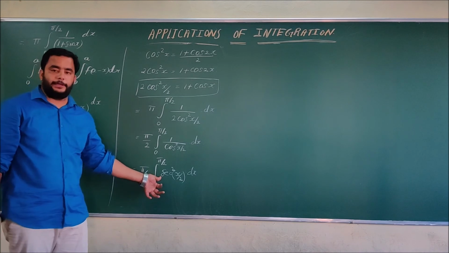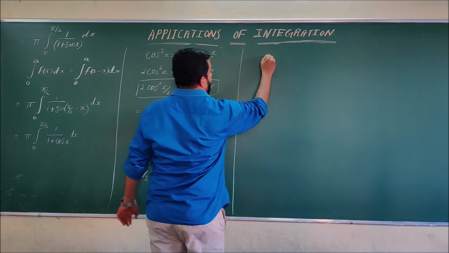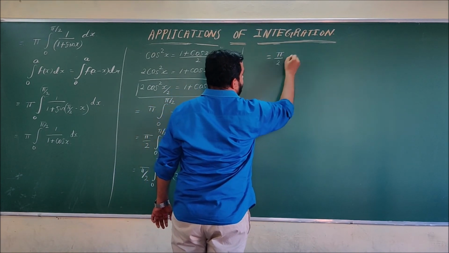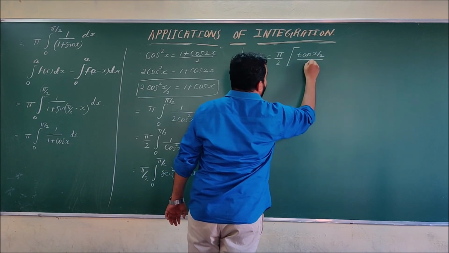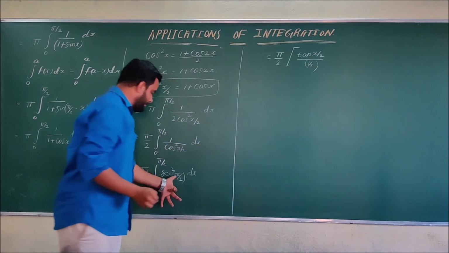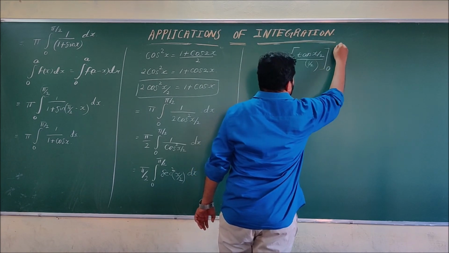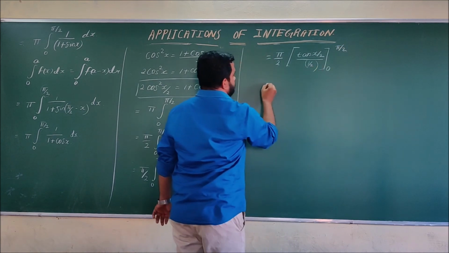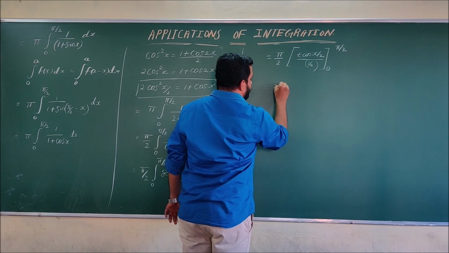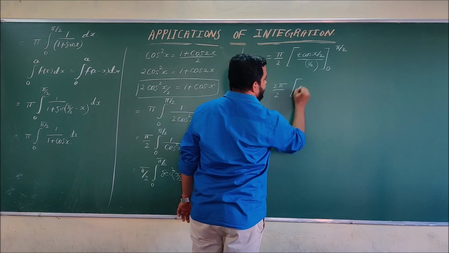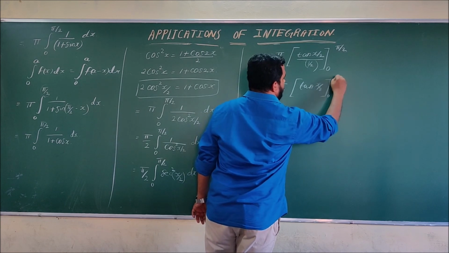The integral of secant square x is tan x, so we get pi by 2 times tan x by 2 divided by 1 by 2. Taking out this 1 by 2, its reciprocal gives 2, so 2 pi by 2 times tan x by 2 over the limit of 0 to pi by 2.